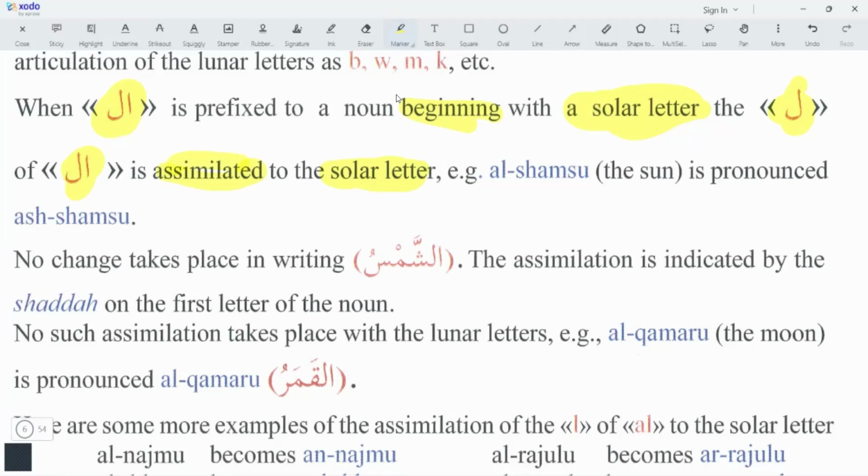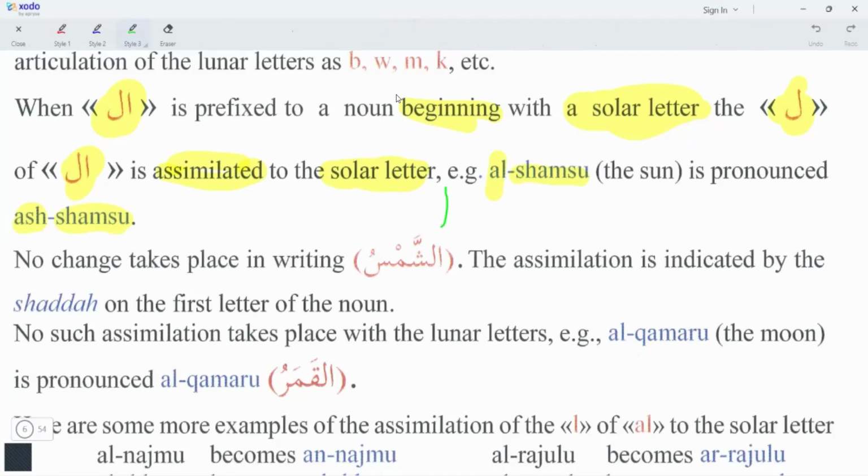Like al shamsu, the sun, is pronounced as ash-shamsu. So with the solar letters, we don't pronounce the lam of alif lam when alif lam is attached to the solar letters.